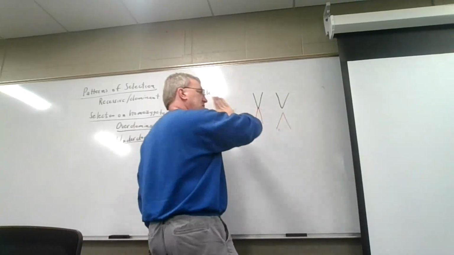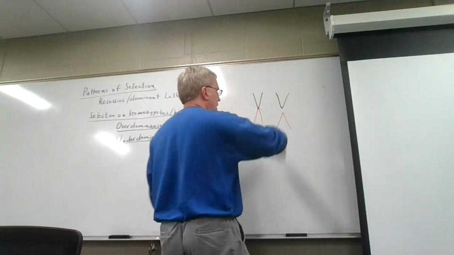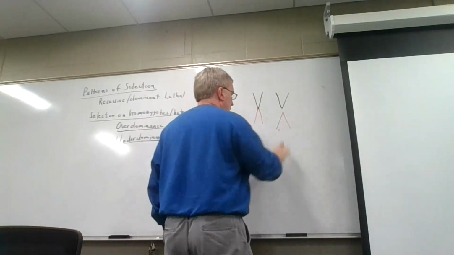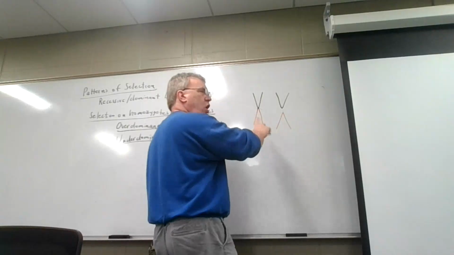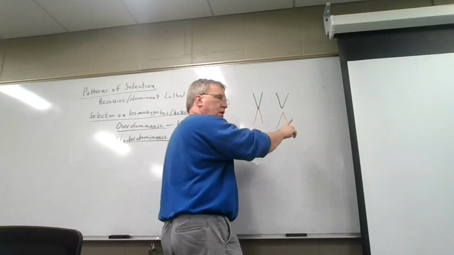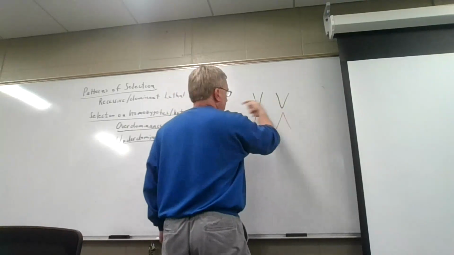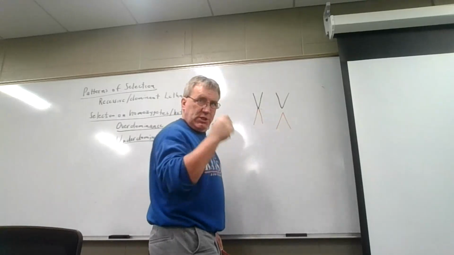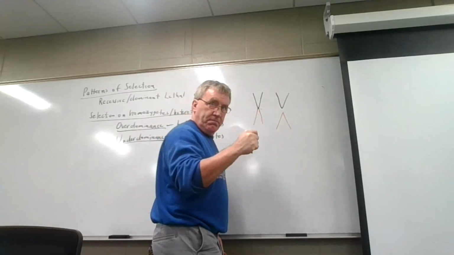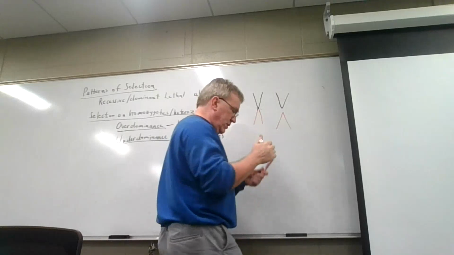So instead of getting an entire chromatid going that way and an entire chromatid going that way, you can get both of one arm of the chromatid going one way and both of the other arm going the other way. Yes? So it doesn't split the right way.